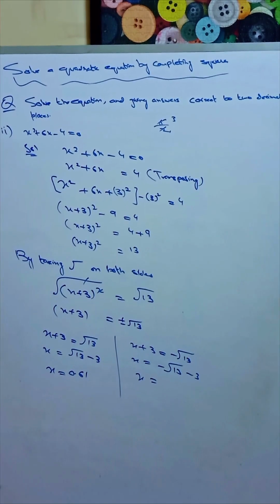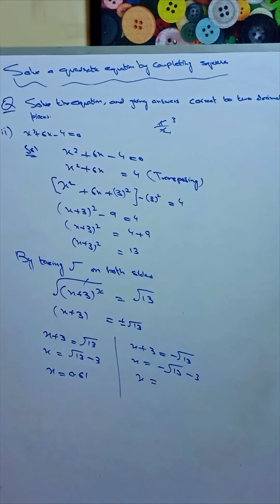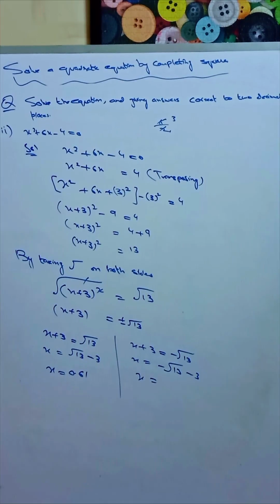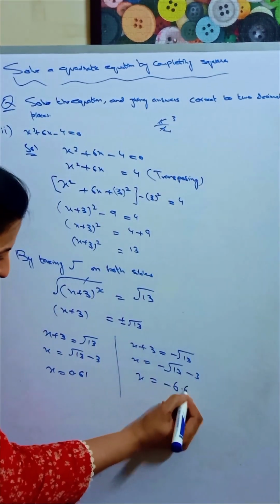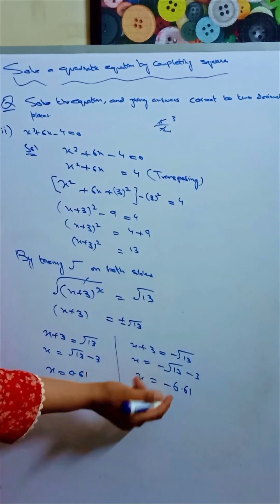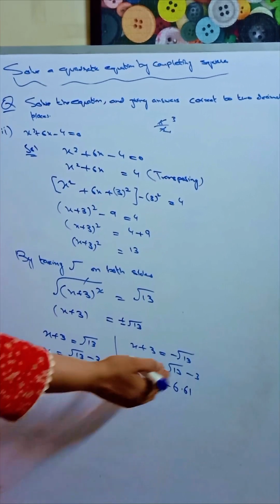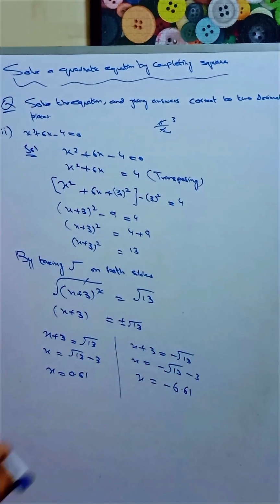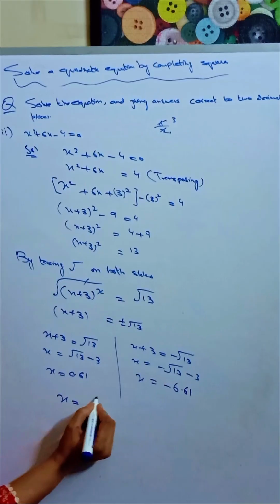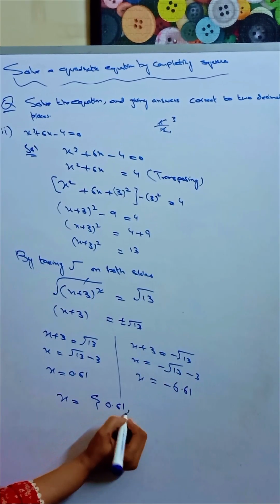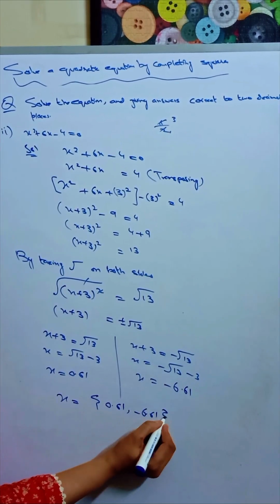Right now 3.6. Add 3, it becomes 6.61. Minus 6.61 because of the minus sign. Under root 13 is a big number as compared to 3, so its value is minus 6.61. So the answer is x equals 0.61 and minus 6.61.